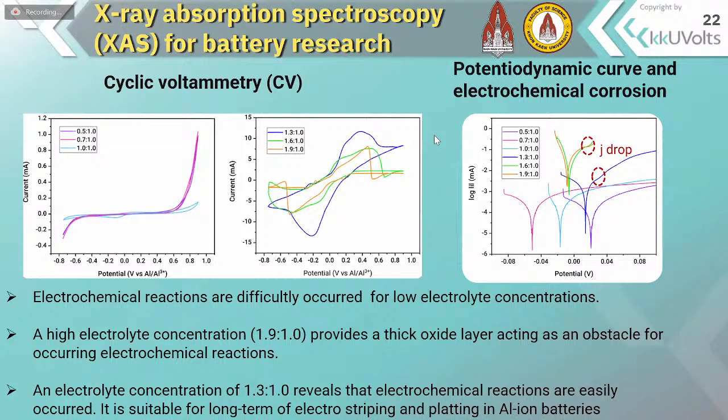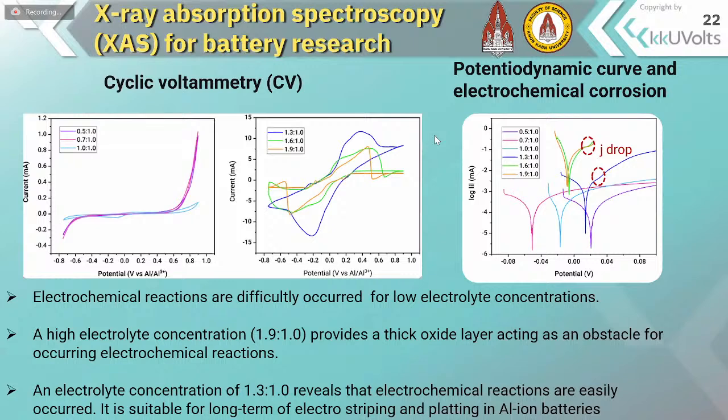Electrochemical reactions are difficult to occur at low electrolyte concentration. A high electrolyte concentration provides a thick oxide layer acting as an obstacle for electrochemical reactions.